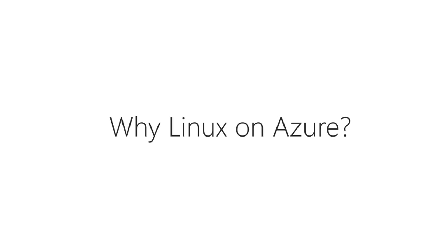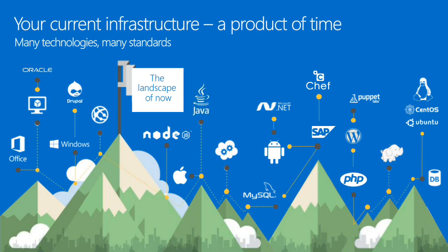And the truth of the matter is, if you look at what has been going on in the current infrastructure in many enterprises, all enterprises use a mix of technologies, right? This slide attempts to kind of paint that. You're using either the Windows ecosystem with its Office products, or you're using the open ecosystem, with Node.js, Java, MySQL, SAP.